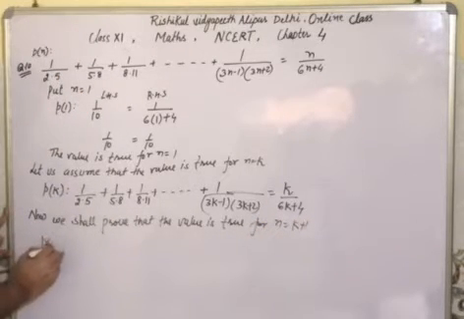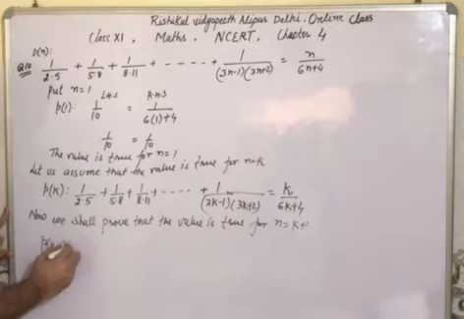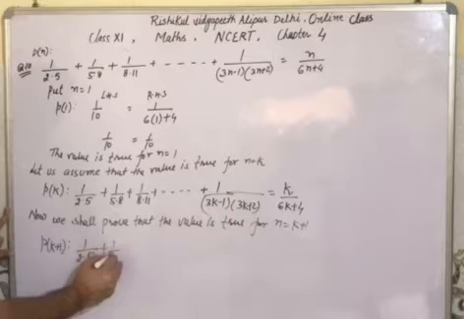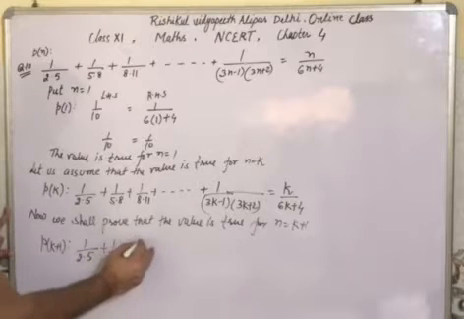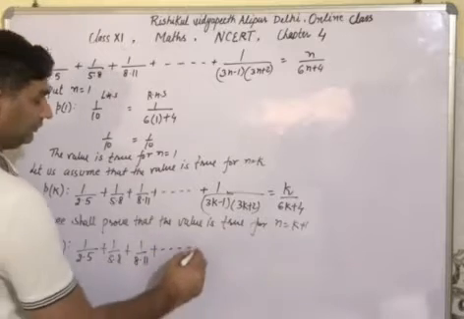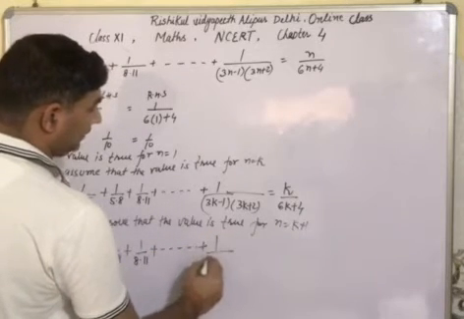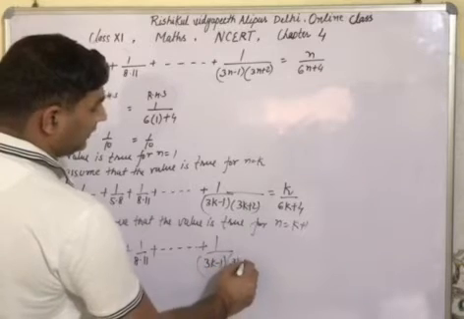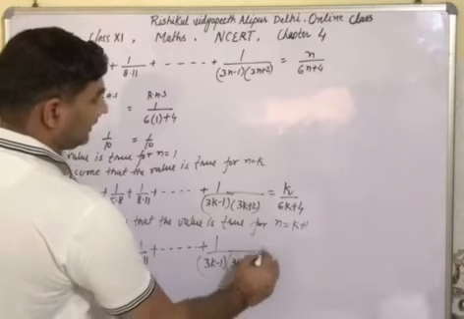Then P of k plus 1: 1 by 2 into 5, 1 by 5 into 8 plus 1 by 8 into 11 plus and so on up to 1 by (3k minus 1)(3k plus 2) and then the next term.